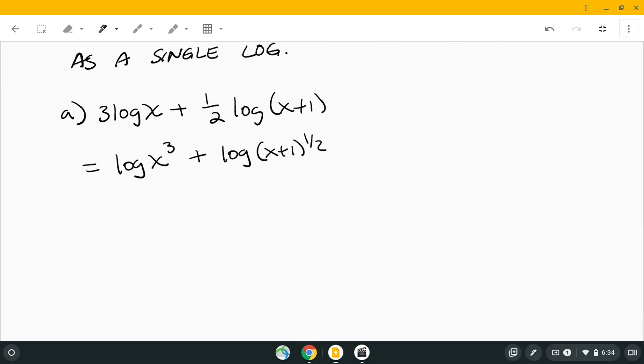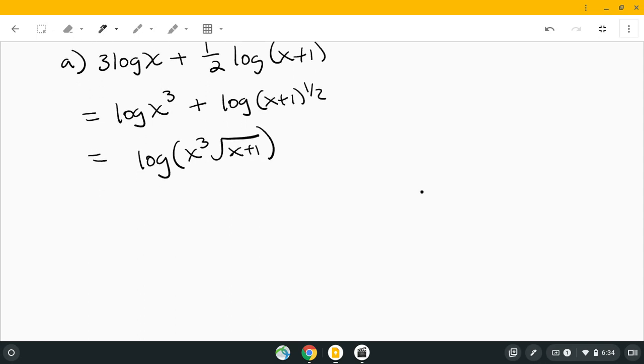I have a sum, which means I can write this as a single log of a product, x cubed times, and now if you want, you can bring back the square root now that we're going the other direction. And this would be my final answer.